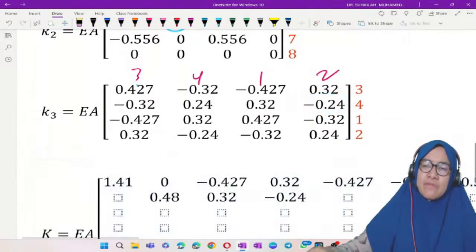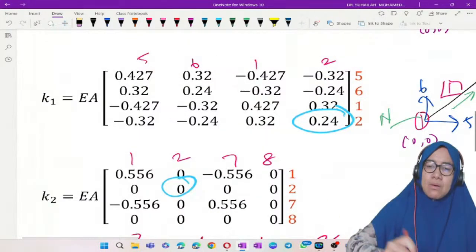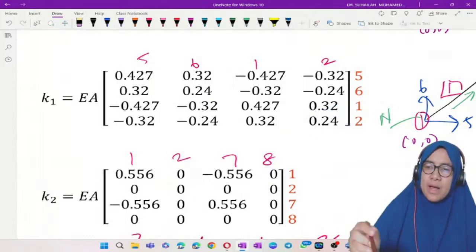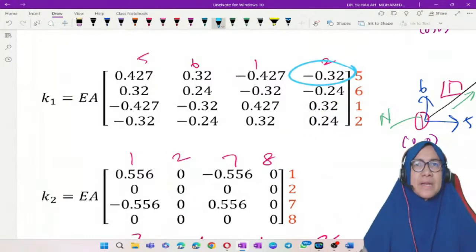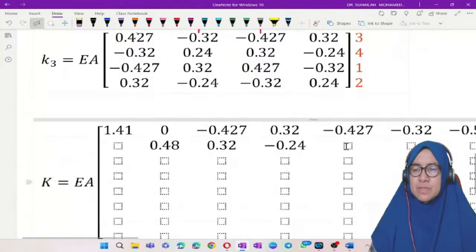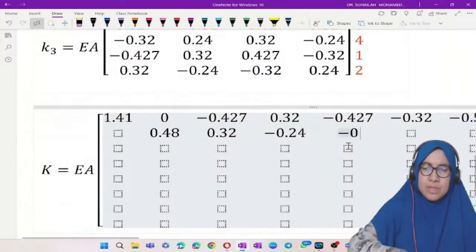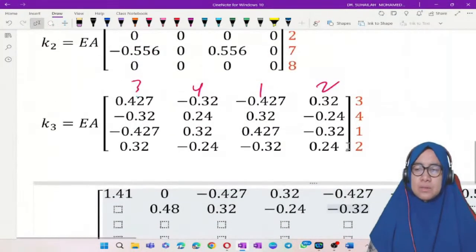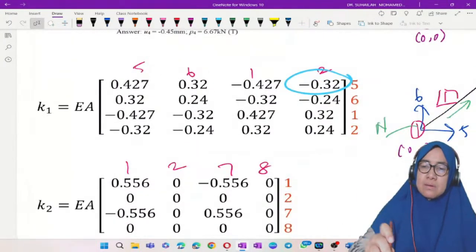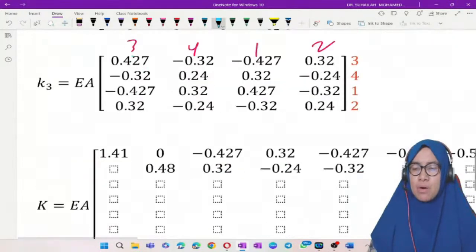Okay, next, 2,5. 2,5 is inside K1. 2,5 and 5,2 are negative 0.32. Okay, next is 2,6, which is negative 0.24.